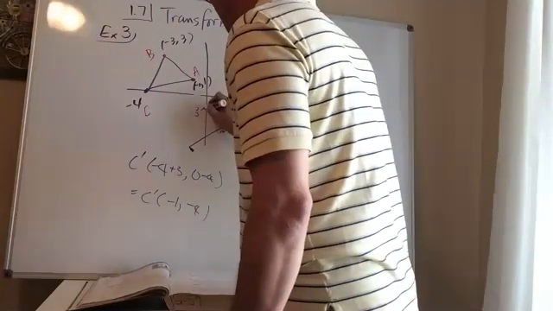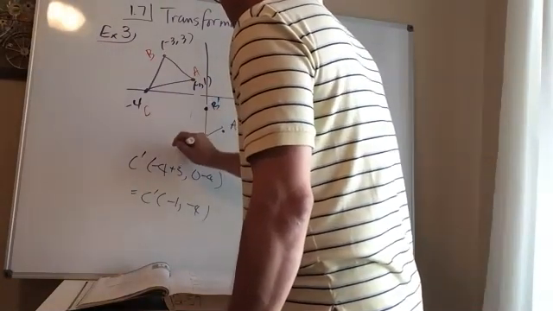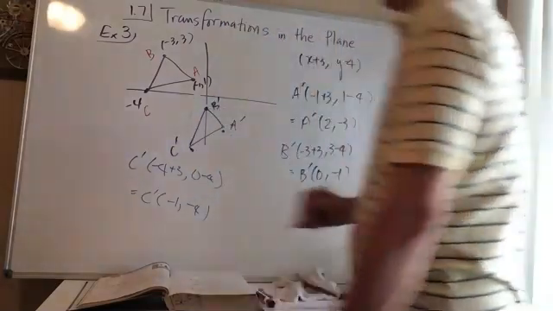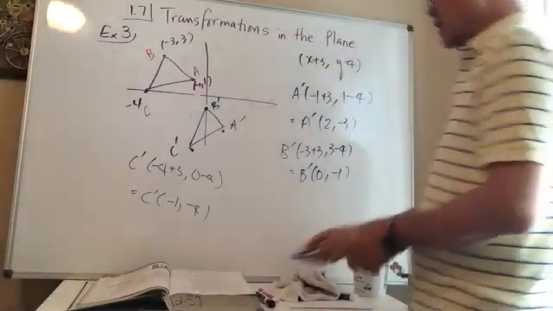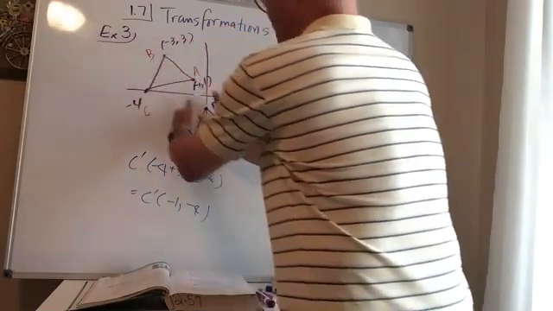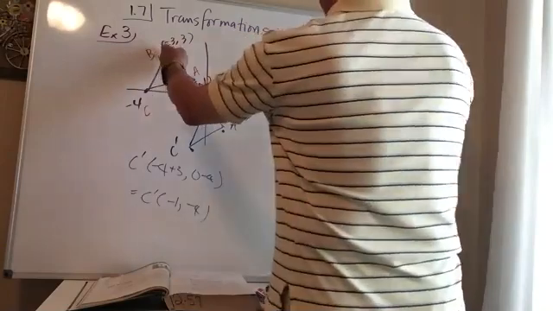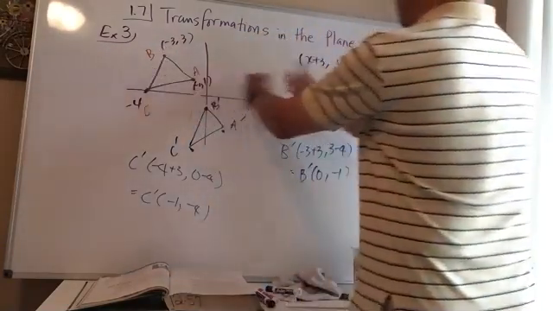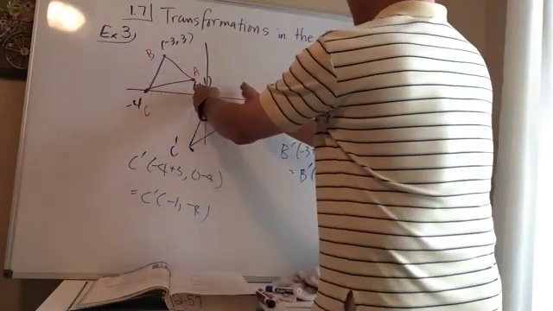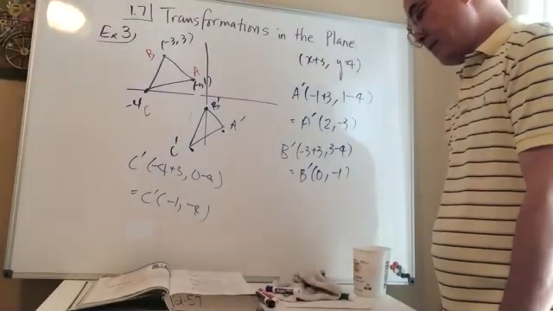So this is B prime. This is C prime. So basically, I took this guy and I just slid it right down like this. If you look at it, it makes sense because I'm moving it +3 in the x direction and going down 4. So that kind of makes sense there.